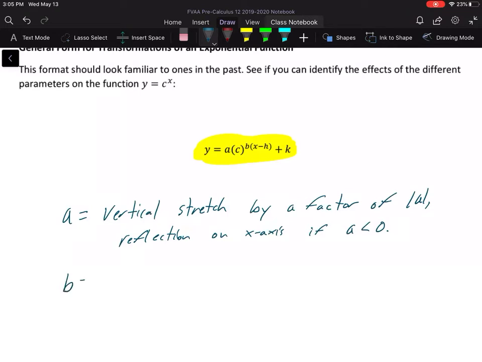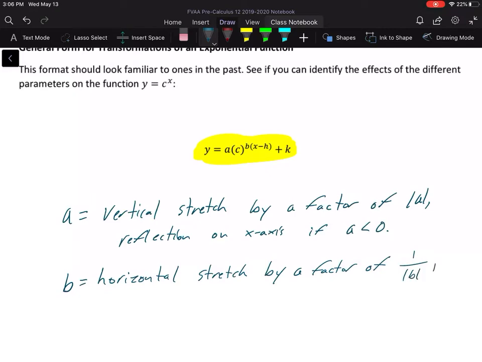B was a little bit different here. If you guys remember the b value and the reciprocal relationship between the factor of the b transformation and the actual effect on the graph. And so here it does give us a horizontal stretch by a factor of 1 over the absolute value of b.